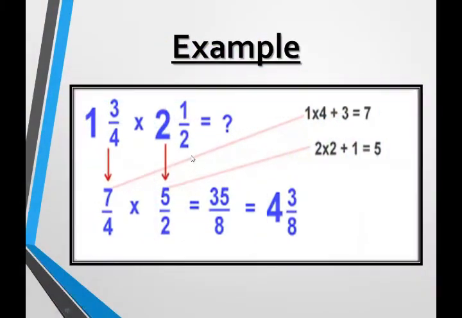Repeat the same step for the next fraction. The next fraction is 2 multiplied by 2 and then add 1. So 2 multiplied by 2 becomes 4 plus 1 equals 5 over 2. So the mixed fraction is converted into a common fraction.